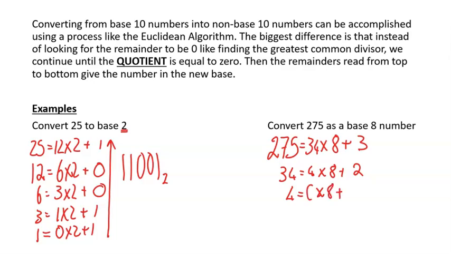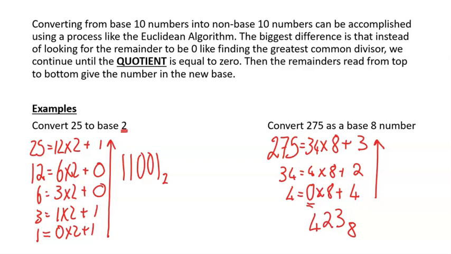Well, 4 is equal to 0 times 8 plus 4. Now at this stage, my quotient is equal to 0. So this is the stage at which I stop. I then look and I read up the way, and I'm able to say fine. So what that means is that it's equal to 423 to the base 8. So the number 275 converted to a base 8 number is 423 to the base 8.